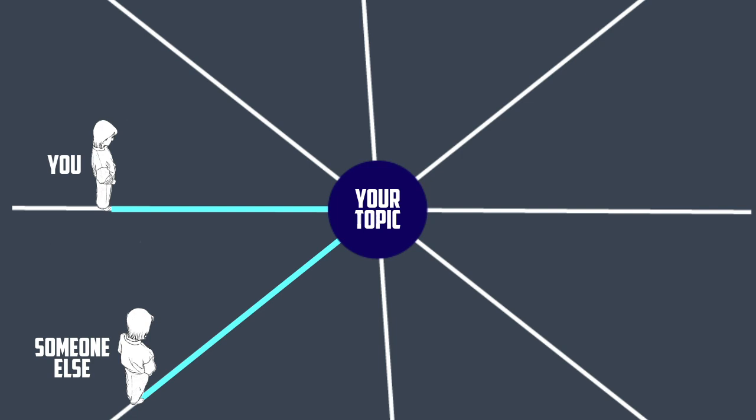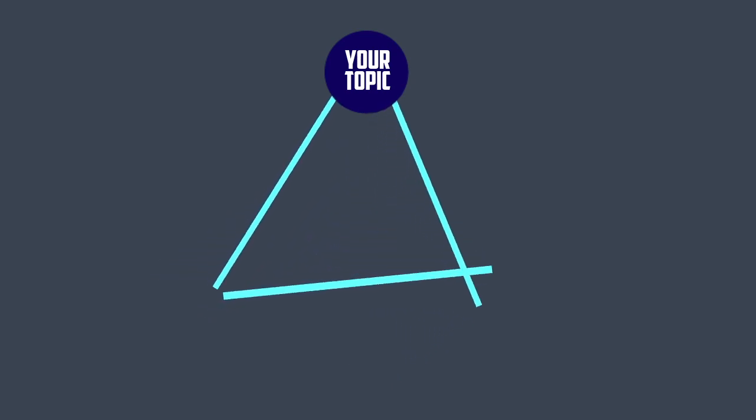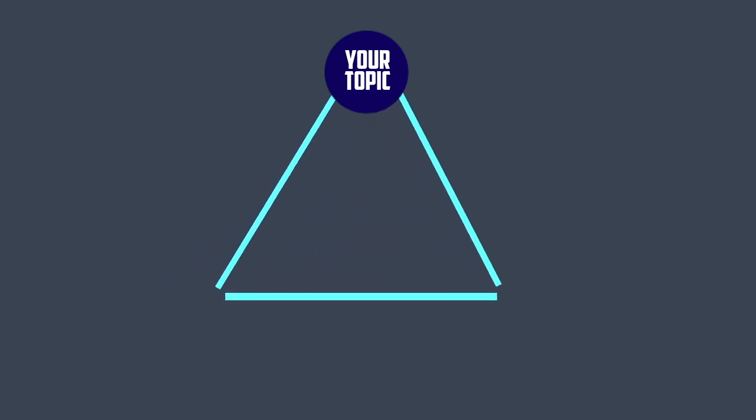So let's take another angle on this. If you take the topic, the dot that represents you, and the dot that represents someone else, and you connect them, well, you have a triangle. The triangle that these connected points make is what we call the rhetorical triangle.